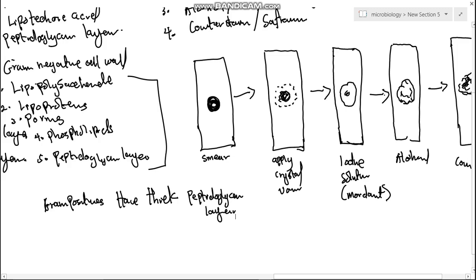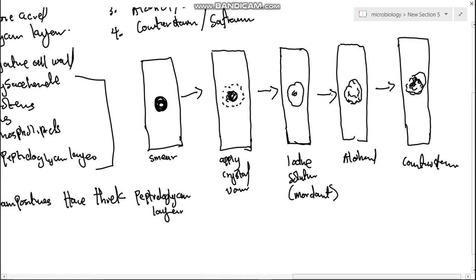So even after the counter stain, the safranin, which is pink in color, the cells will not be able to absorb the safranin, because the decolorization process did not take away enough crystal violet. That stains purple. Because of its fake peptidoglycan layer, it is able to absorb the crystal violet more, and hence does not give room for the decolorization to occur.